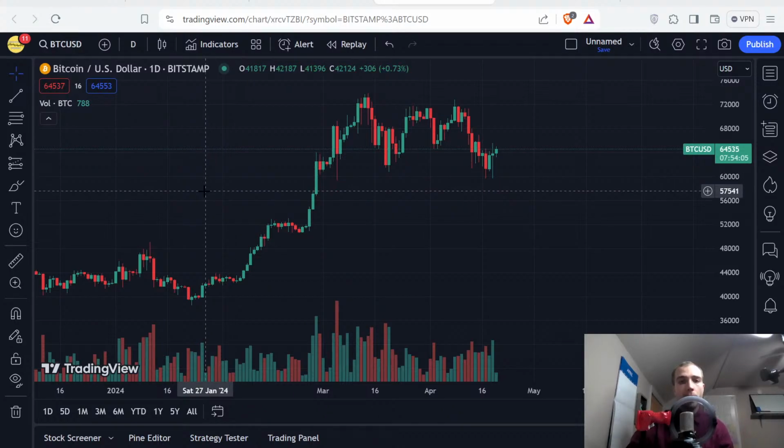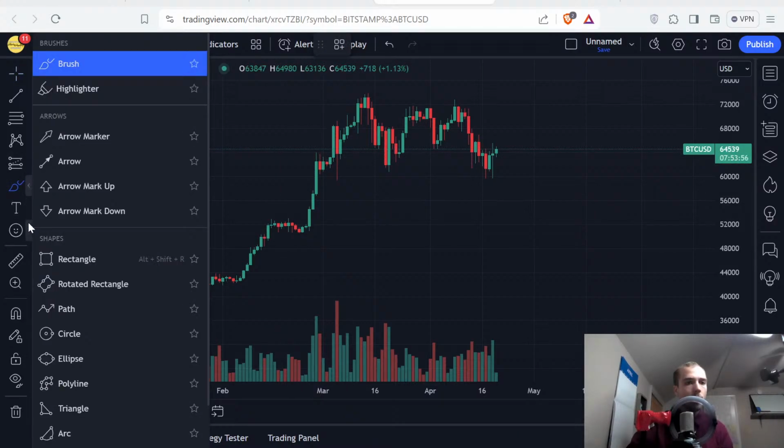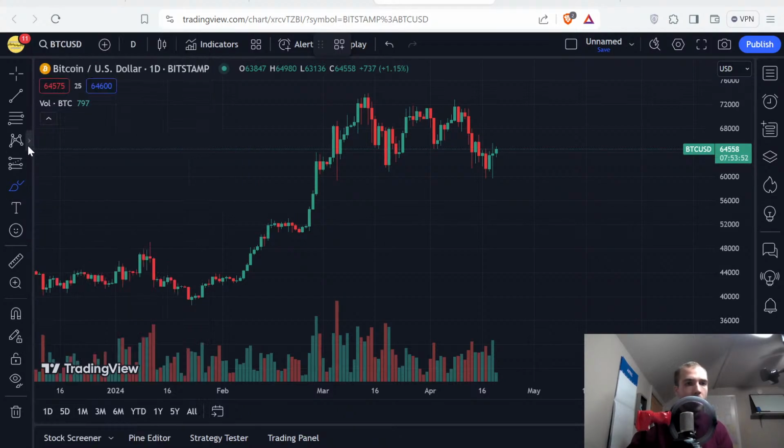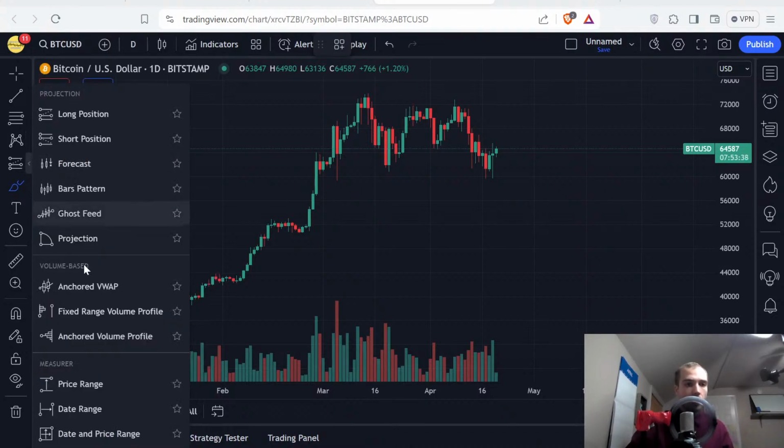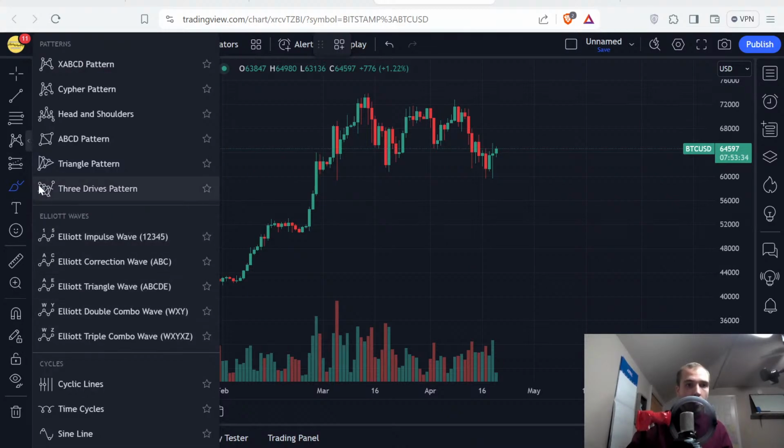The way that Bitcoin works, Bitcoin moves in fractals. So for example, a fractal is a pattern that repeats, and the smallest version of it is the same as the biggest version of it, right? It's fractal. The microcosm looks like the macrocosm. So Bitcoin moves based on fractals, which are created because of human emotion.